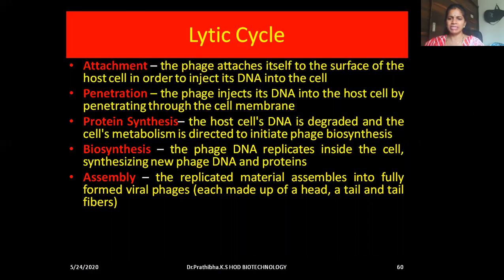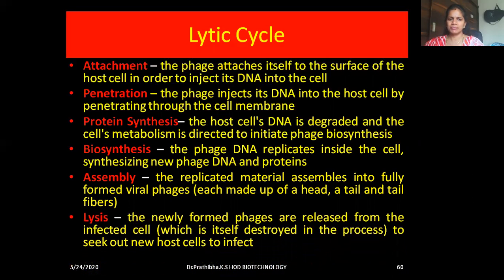The replicated material assembles into fully formed phages with a completely packed assembly, each made up of a head, a tail, and tail fibers. The last step, lysis. The newly formed phages are released from the infected cell, which is itself destroyed in the process, to seek out new host cells to infect. So this is all about the lytic cycle.